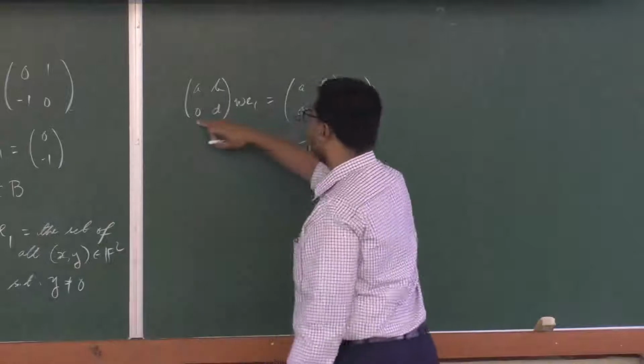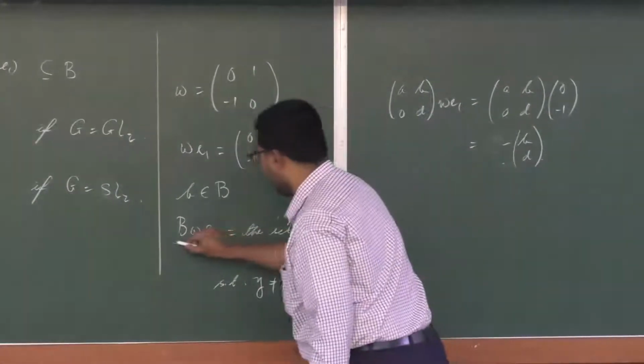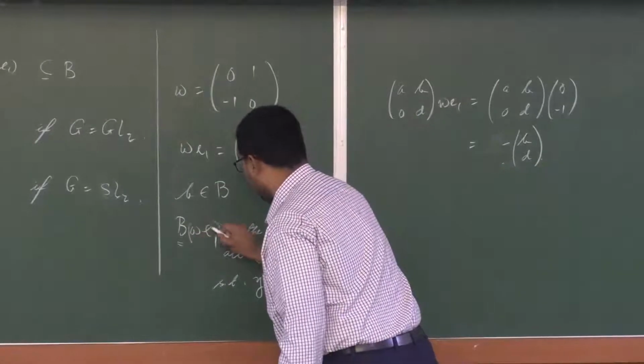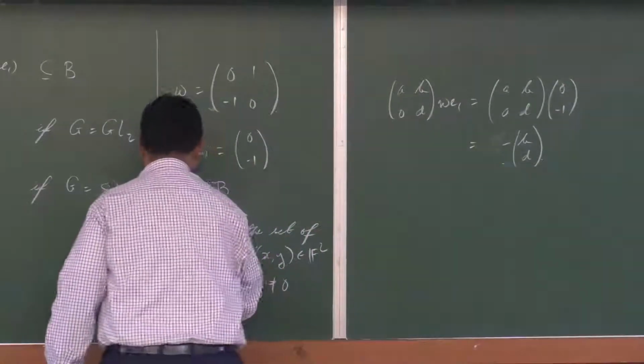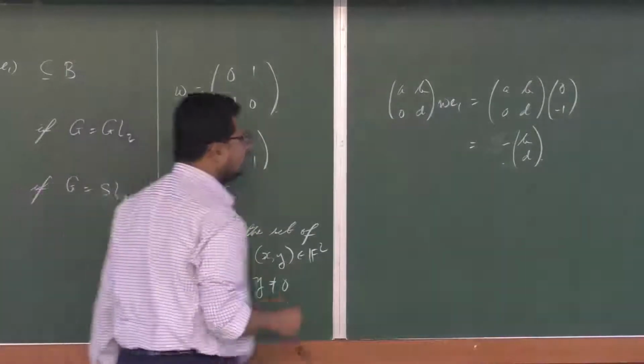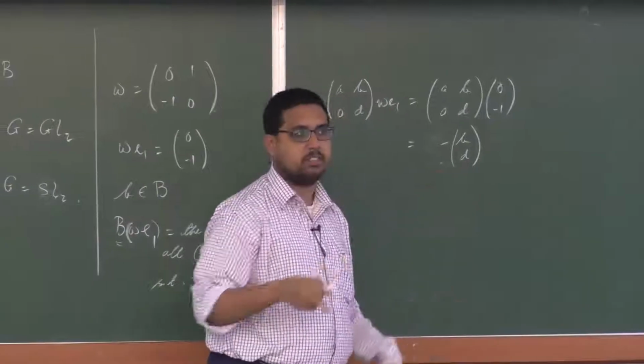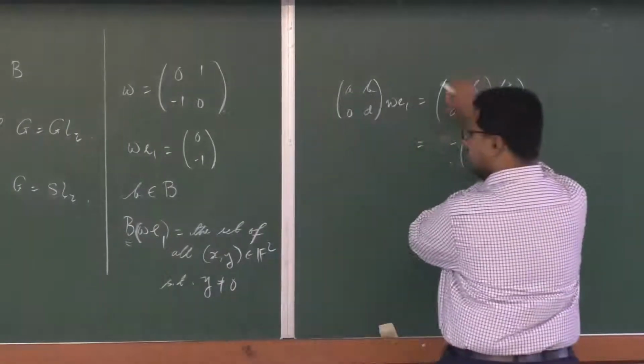Since D is non-zero, any point under the orbit of B, under the action of B, the orbit of W e_1, every point in the orbit must have the second component non-zero. That's all we have seen.